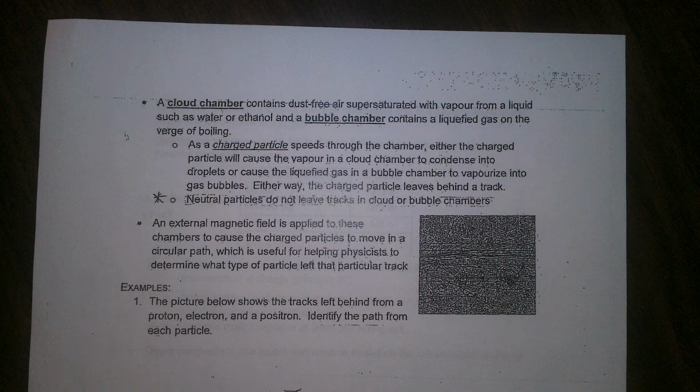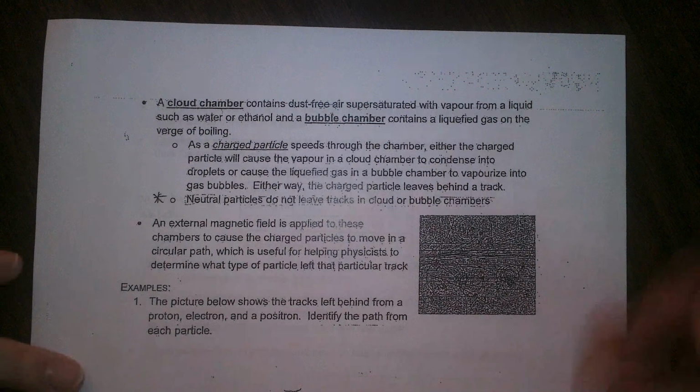So a charged particle speeds through the cloud chamber, and it will either cause the vapor to condense into droplets or cause the gas in the bubble chamber to vaporize into gas bubbles. So it leaves behind a trail. Particles have to be either positive or negative; neutral particles don't leave one.